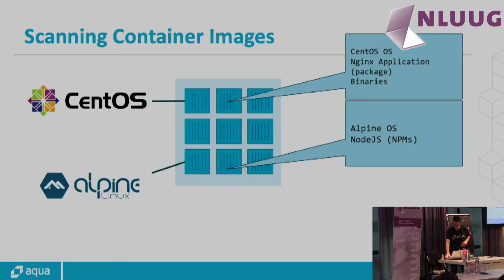Let's talk a little bit about vulnerabilities in Kubernetes, or most importantly, in images. So what is an image? An image is basically a composition of an operating system. So I can have an Alpine image, a CentOS image, a Debian image. I'm taking an operating system.